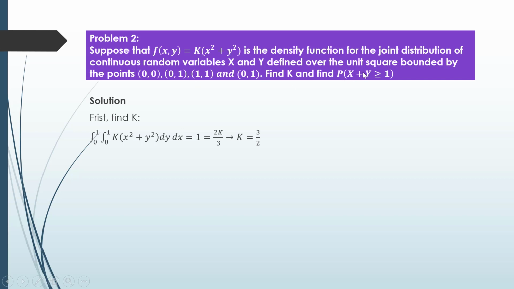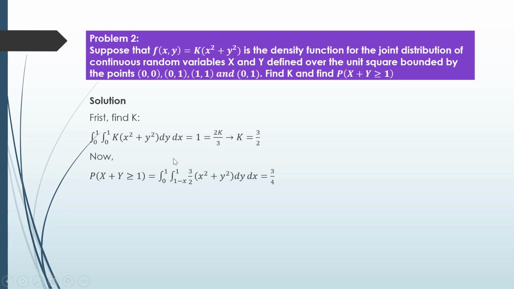Now we need to find the probability that x plus y is greater than or equal to 1. And if you see here, the unit square is bounded by these 4 points. So x goes from 0 to 1 and y goes from 0 to 1. So to find the probability x plus y greater than 1, that means y is greater than 1 minus x.